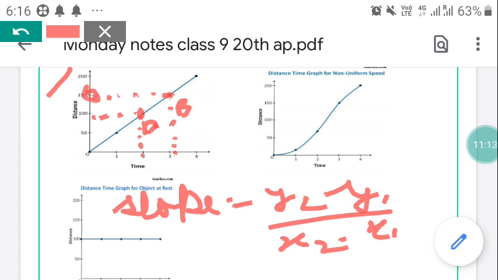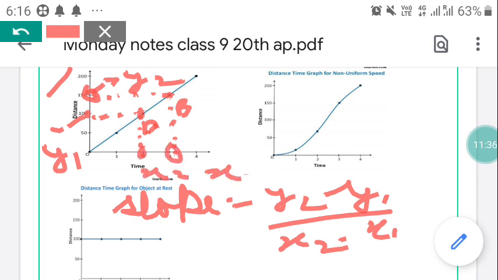This is y2, since it is on the y-axis, and y2 is always the value which is greater than the other value. This is y2 and this is y1. And in this case this is x2 and this is x1.